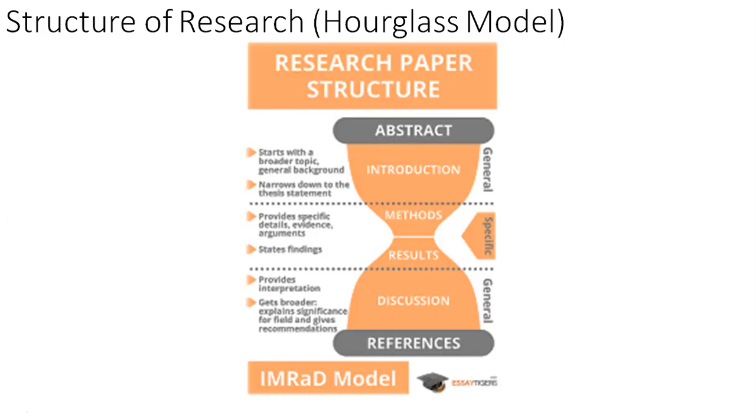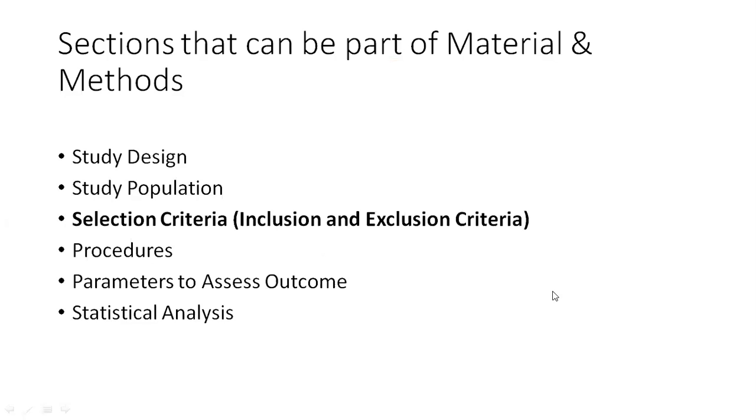When we start with the introduction, we have a broader perspective and gradually narrow down to a specific area of interest for a particular question or disease. Then we narrow down to our methods and results, and then we generalize our findings in relation to the various studies that are there. That forms the discussion part of the research process, and this is commonly known as the hourglass model.